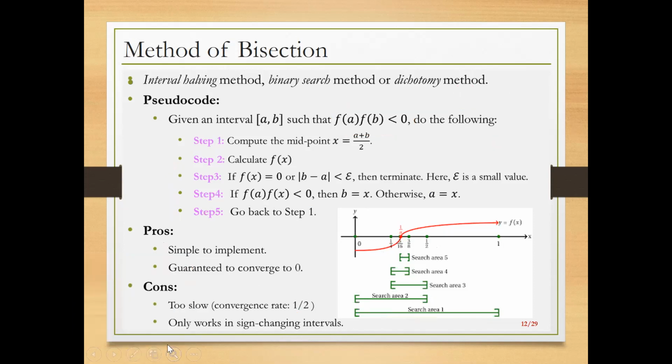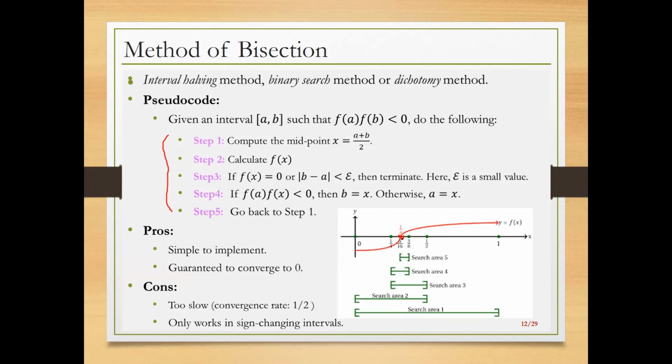So if a and b become so close to the root, say this is a and b, such that their sign is equal to 0, that means they are equal to 0. In that case, we can say we stop. The question that no one asked me is: when do we stop this? How long do we keep doing this?